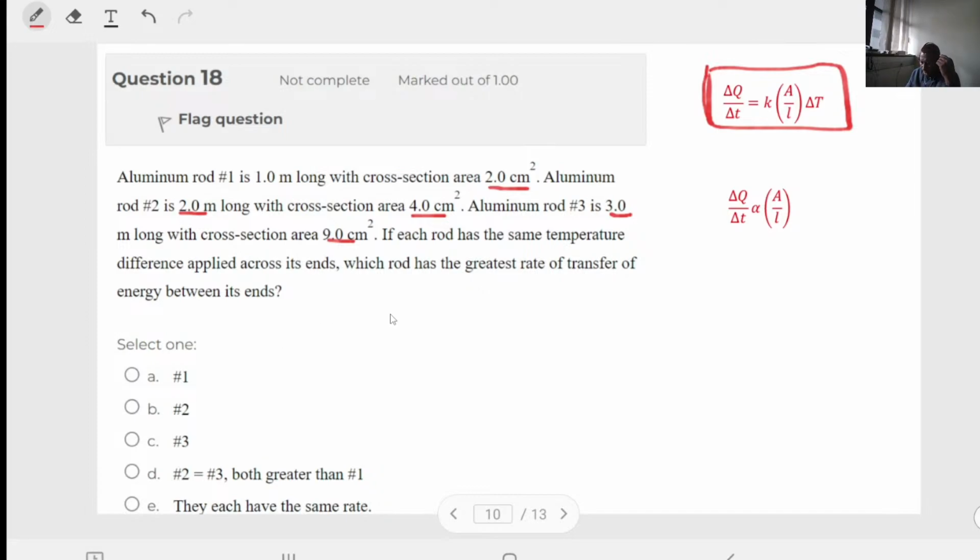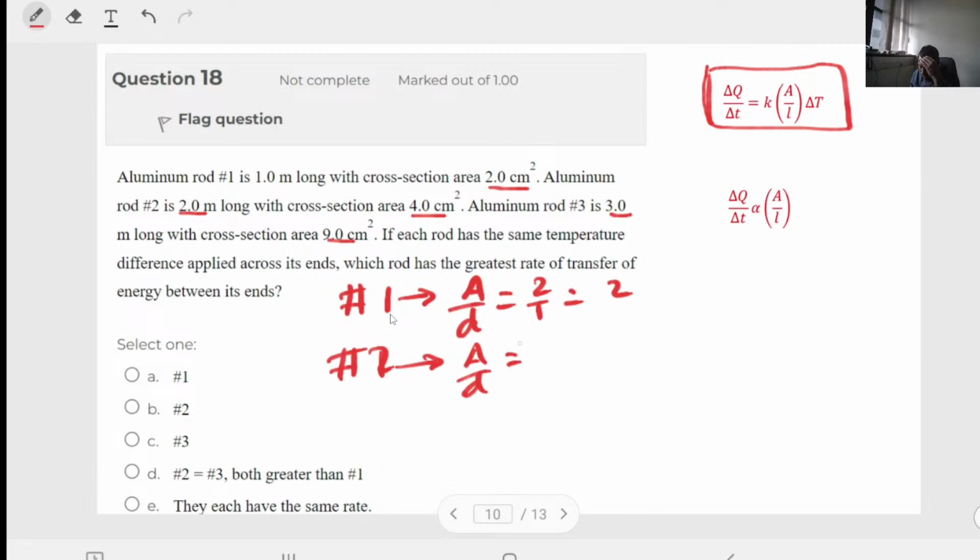Then for rod number 1, A over L is 2 over 1, which equals 2. For rod number 2, A over L is 4 divided by 2, the length is 2, again you get 2.